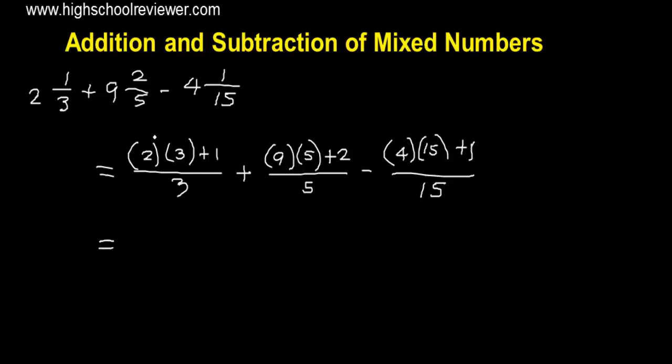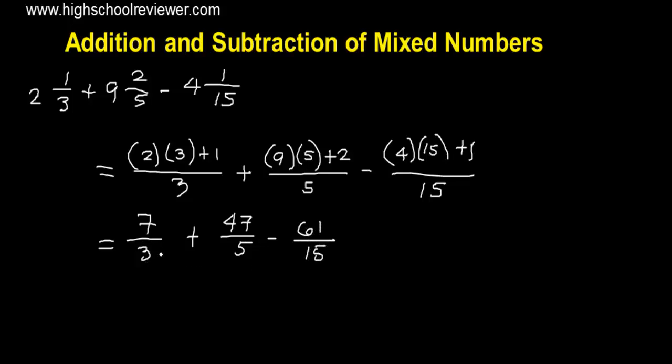And we have here 2 times 3 plus 1, that is 7, all over 3, plus 9 times 5 plus 2, that is 47, all over 5, minus 4 times 15 plus 1, that is 61, all over 15.